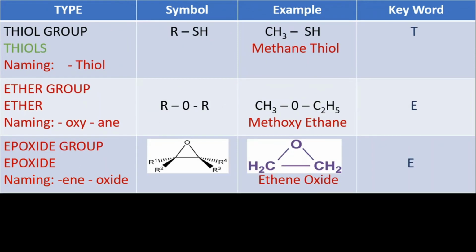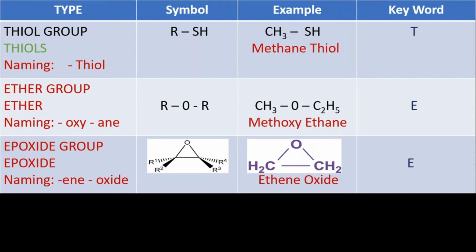The next functional group is thiol group. They are just like alcohols. The difference is that in alcohol the functional group is OH, while in thiol the atom oxygen is replaced by the atom sulfur. Normally, the compounds which contain sulfur as one element in them are called thiol compounds.